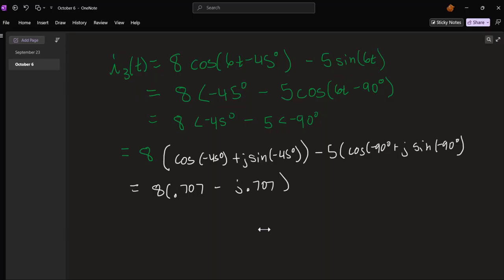Yeah, so just real quick with current division, whenever you have a current and it breaks up into two parts, the current in one branch equals the total current times the impedance or resistance of the other branch over the sum of the impedances.